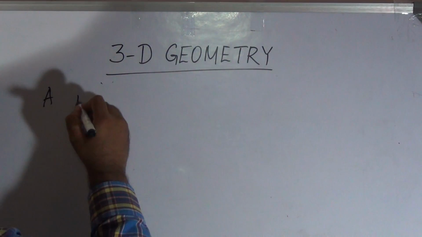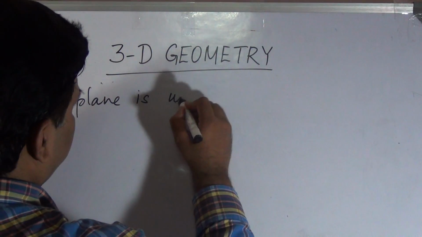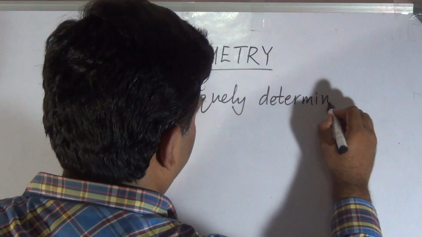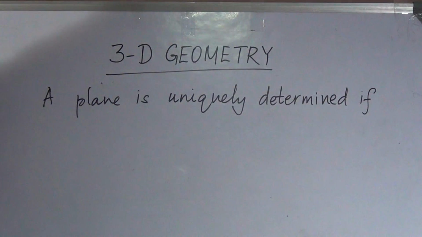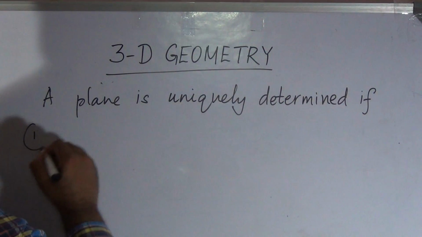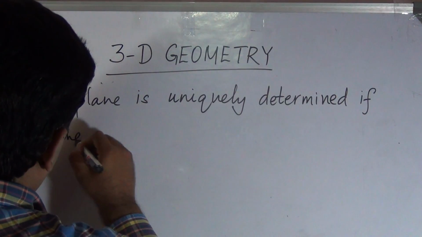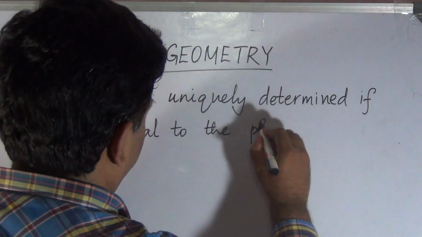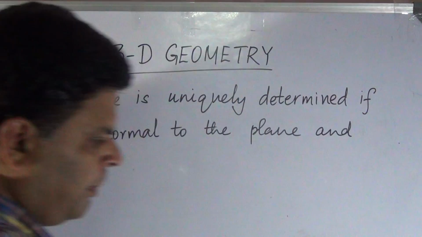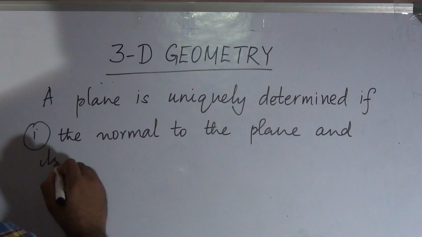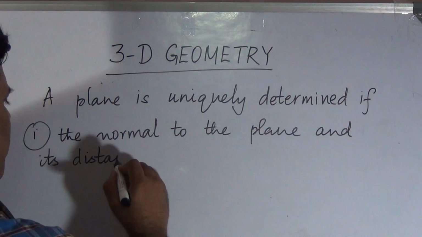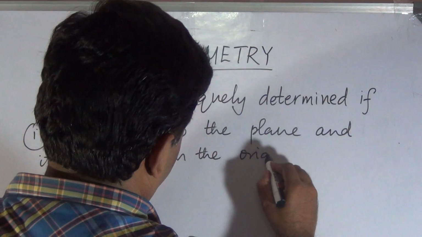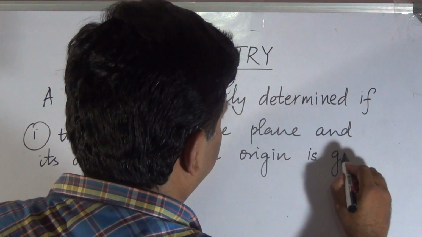A plane is uniquely determined if, 1, the normal to the plane and its distance from the origin is given.